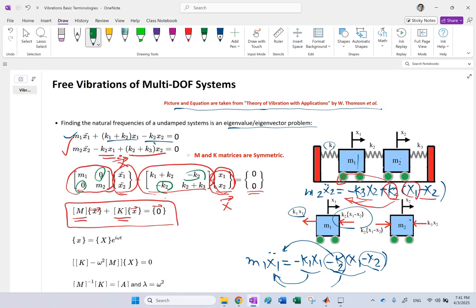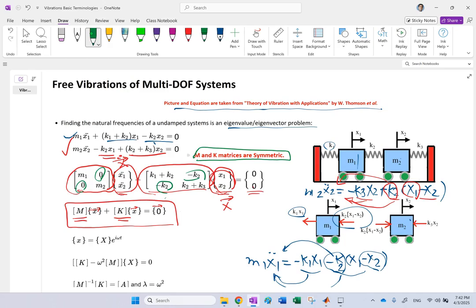So this is an important property: when you extract the equations of motion in matrix format, the mass and the stiffness matrices are symmetric. If you get something that is not symmetric, you definitely have done something wrong. You definitely made a mistake, so go back and fix it.